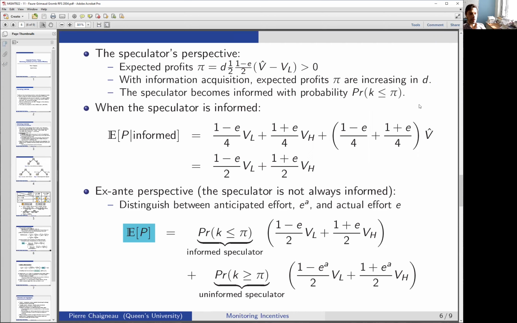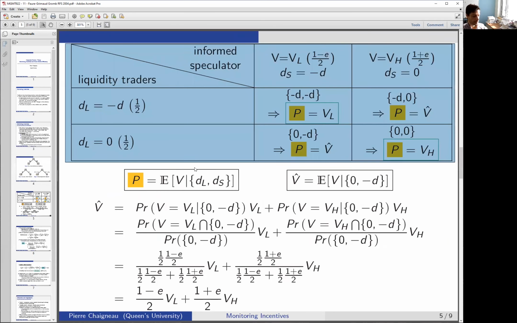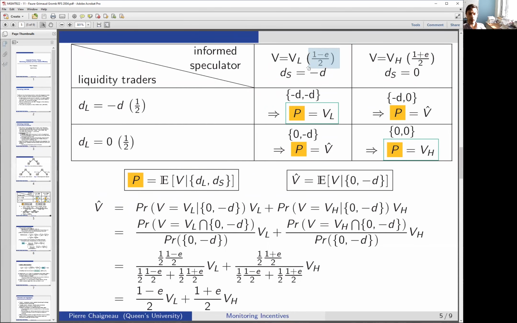Let's start with the case when the speculator is informed. So what is the expected stock price conditional on the speculator being informed? Then we're back to this table, right? So there's 4 cases. With some probability, this times this, the stock price will be equal to VL. With some probability, this times that, the stock price will be equal to VH.